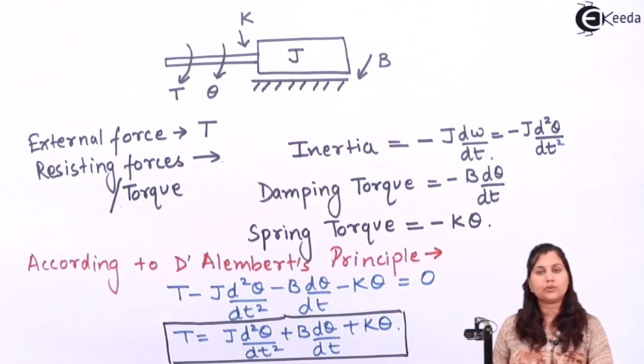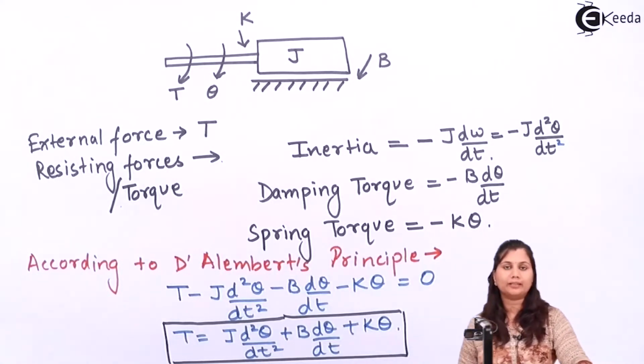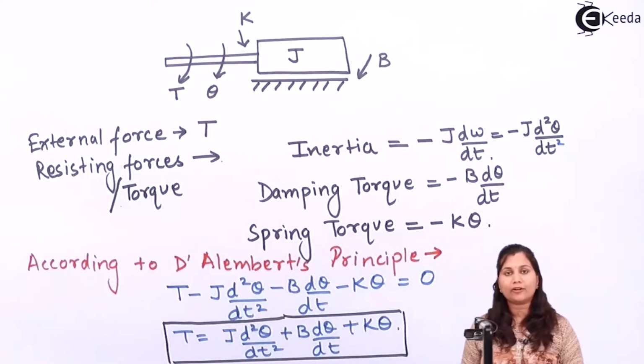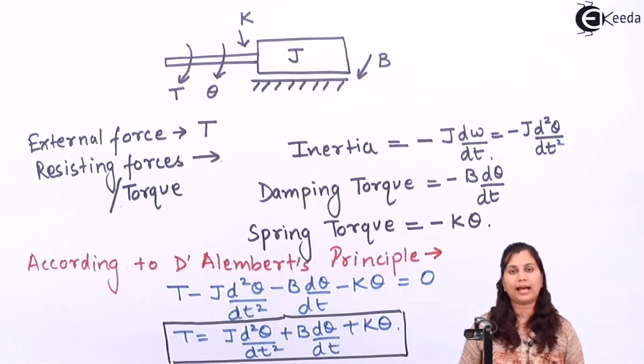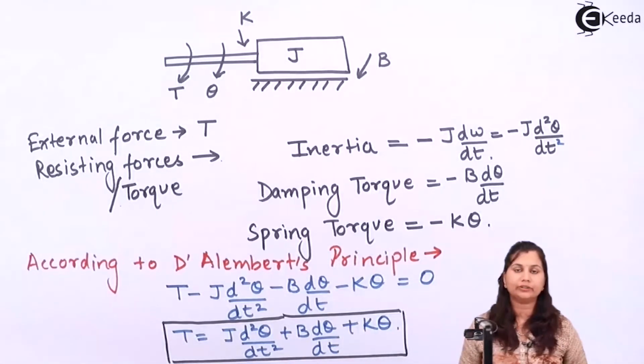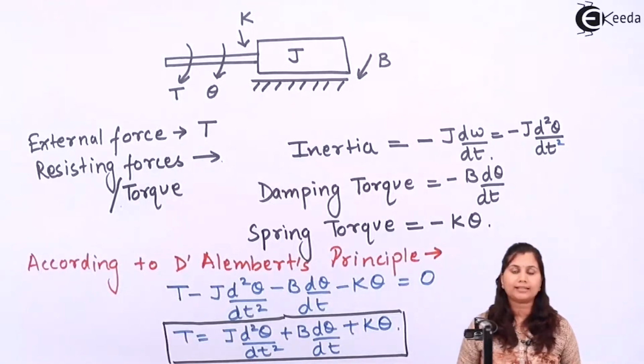So in this video, we have studied the mathematical modeling of mechanical systems, and mechanical systems are of two types, translational and rotational. For translational, we have studied the three basic elements, mass, spring and damper, and for the rotational systems, we have also studied the three basic elements, mass, we can say the inertia, damper and spring.